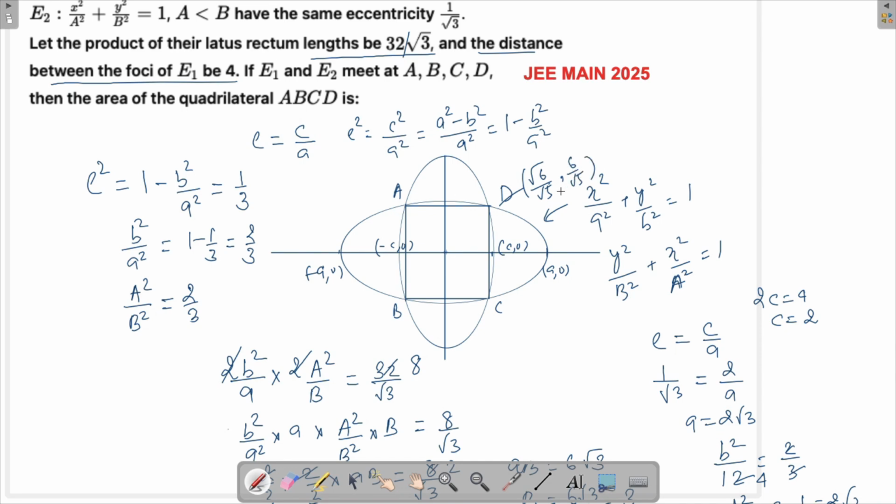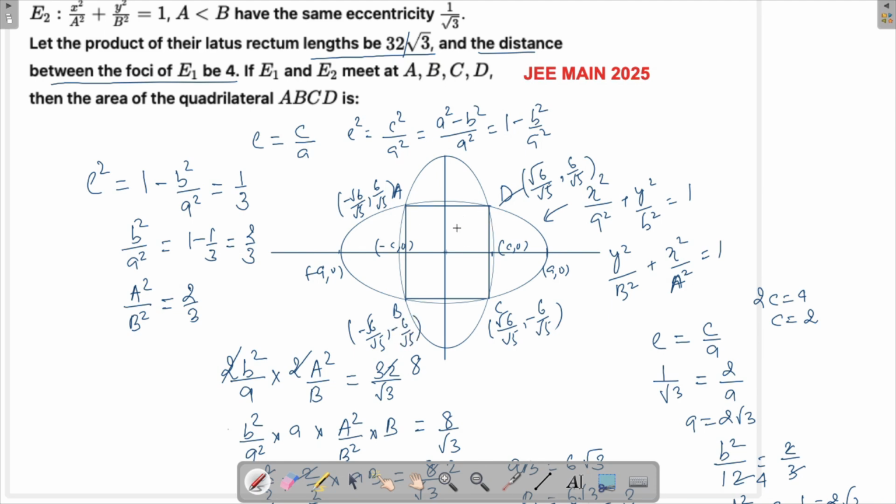And this point is going to be, again, you can just substitute, minus root 6 upon root 5, and 6 upon root 5. This point will be, so x is the same, so you will have root 6 upon root 5 and minus 6 upon root 5, and this will be minus root 6 upon root 5, and minus 6 upon root 5.